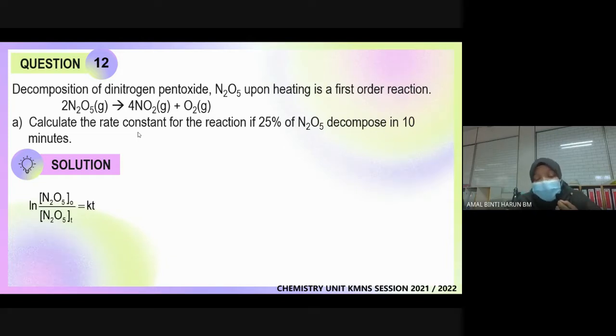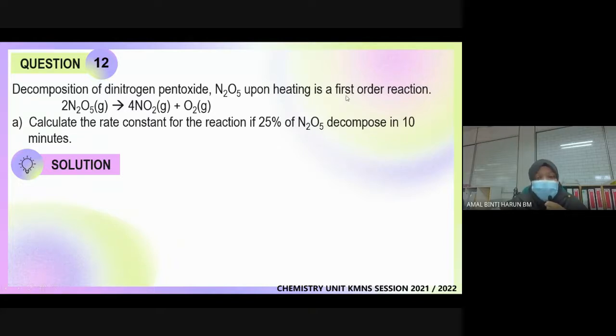What is the value of K? Gunakan formula. Tapi formula mana kita nak pakai, kita kena tahu order. Kita nak pakai integrated rate equation, kan? But which integrated rate equation we should use? Either zero, first or second order. So, you nak tahu integrated rate mana, kena tahu order. Untuk soalan 12 ni, dia dah bagi it is first order.